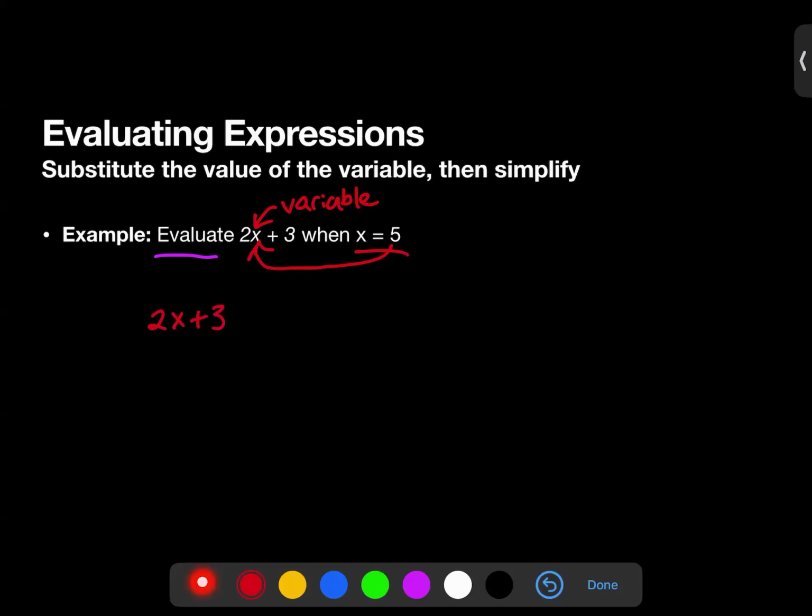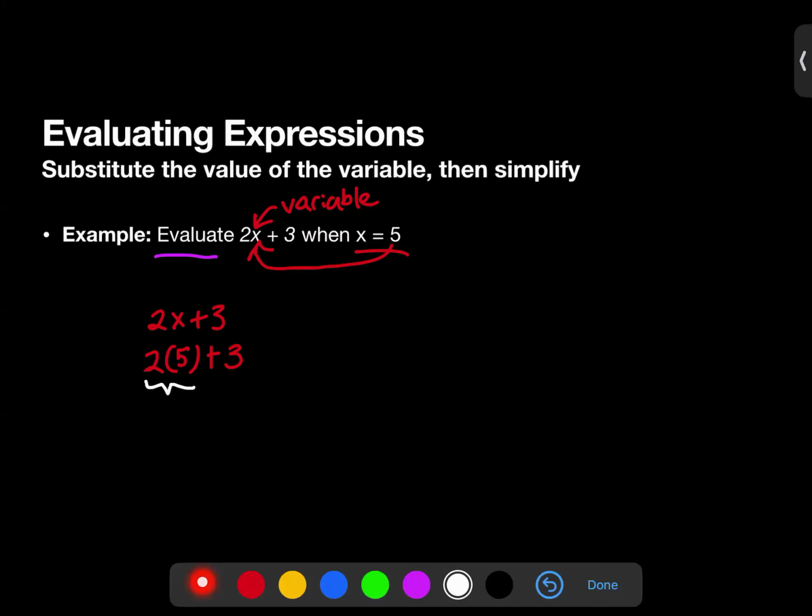So we go from 2x plus 3 to 2 times 5 plus 3. And then from here, it's pretty obvious. We'll follow the order of operations. So we'll do multiplication first before addition.